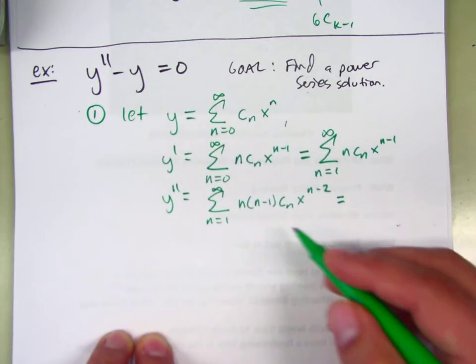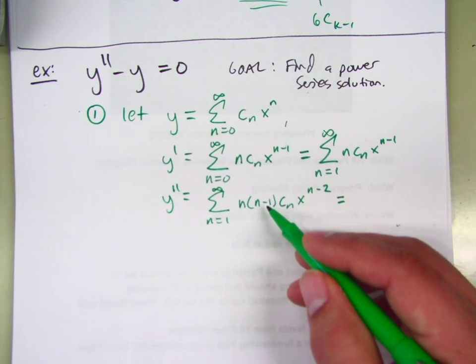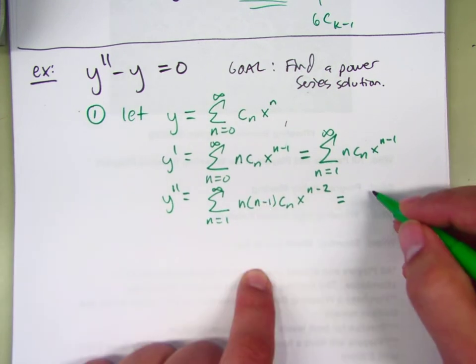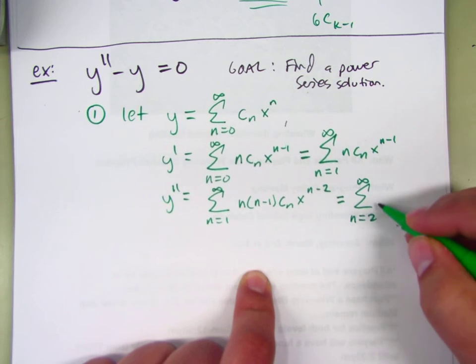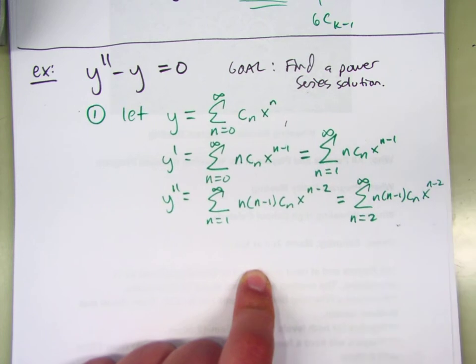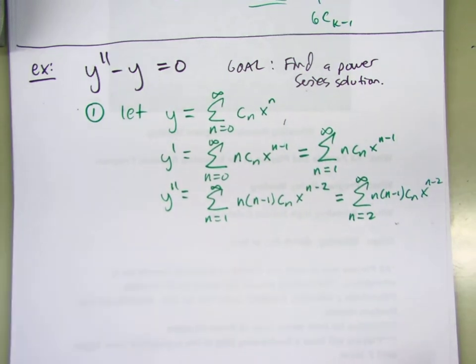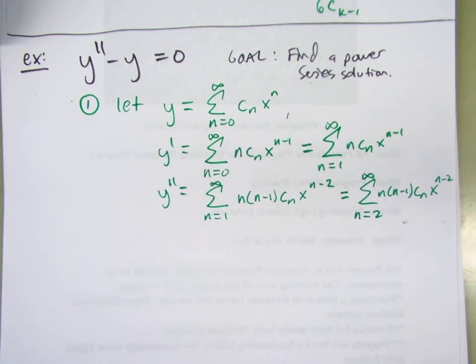But, same as before, if I start at 1 now, that first term is 0. So really we could just say that this is the sum from n equals 2 to infinity of n times n minus 1 times c sub n times x to the n minus 2. Okay? Does that make sense so far?